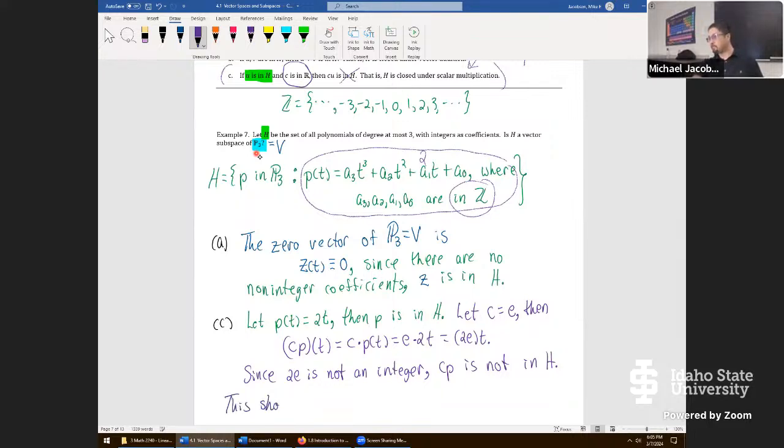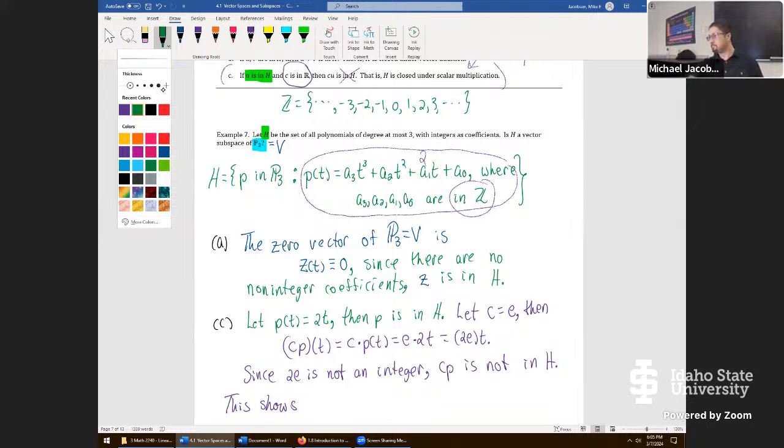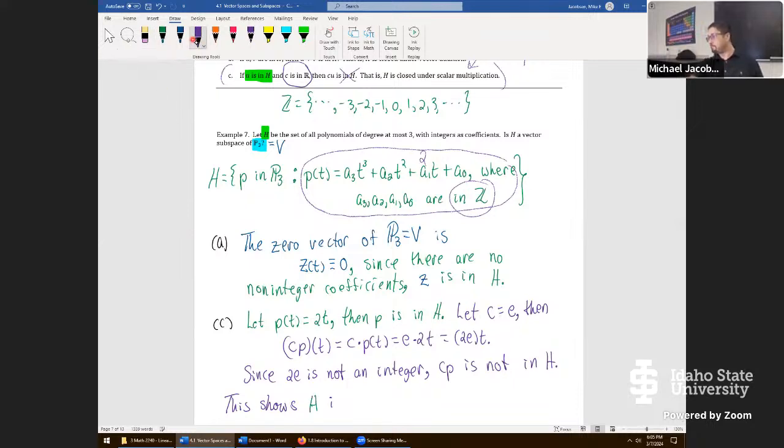This shows H is not a subspace of the larger space, V, which was P3. So we did, folks. We showed that that cannot possibly work for our particular set. And so that's our end conclusion down below.